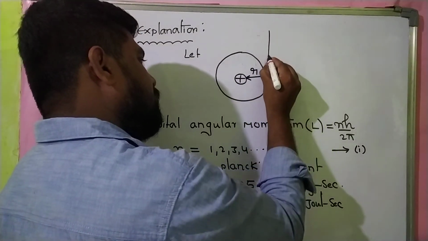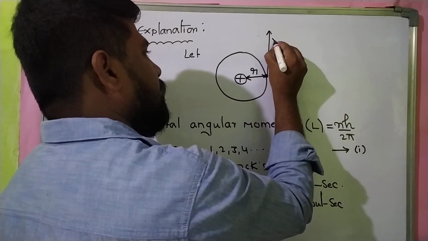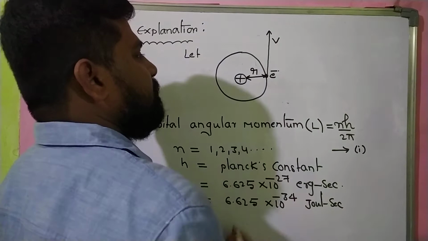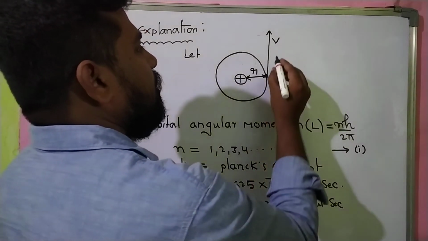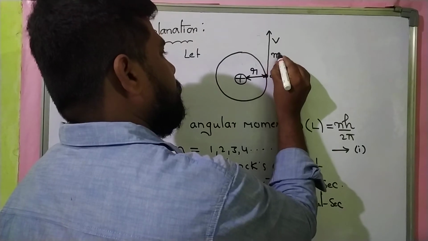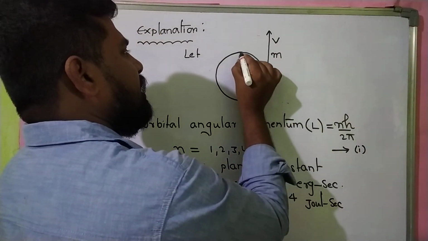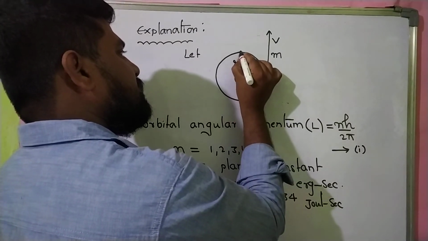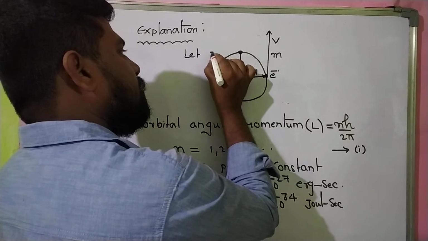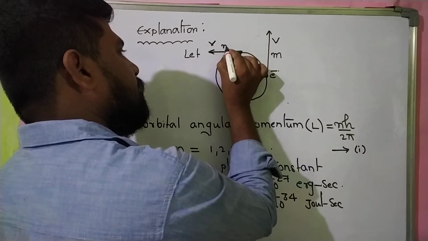Now this electron revolves around the nucleus with a linear velocity v or tangential velocity v, mass m. Similarly this is also the radius, and this is again the electron, with velocity and mass.